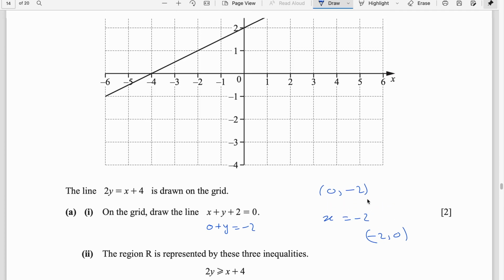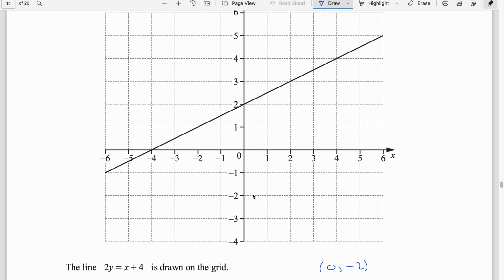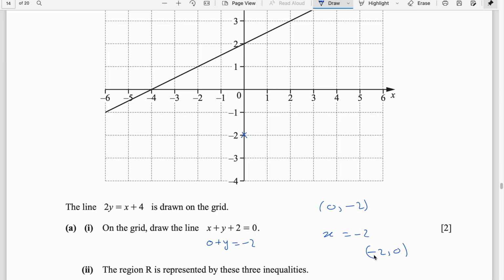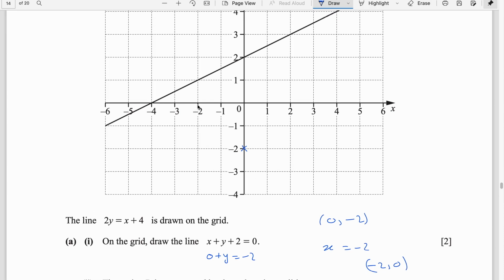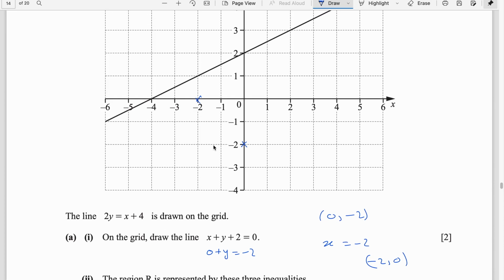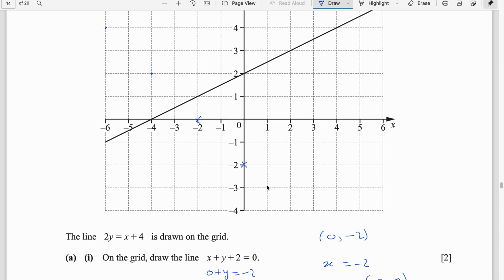So x 0, y minus 2 and x minus 2, y 0. So use your scale and pencil only to get this line done.